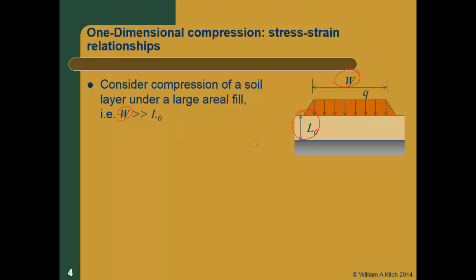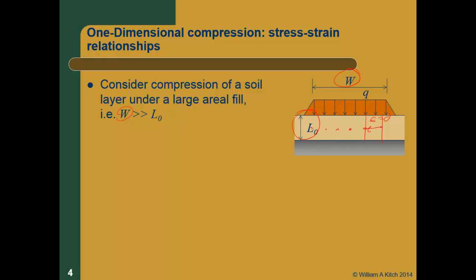So this is like doing an embankment fill for a housing area where it's going to be thousands of feet wide in each direction, and the compressible layers are 10 or 20 feet or something like that. So in this case, we're going to have one-dimensional compression, which means the strain in this direction is going to be equal to 0, and whatever is going on here is the same thing as going on there, and going on every place.